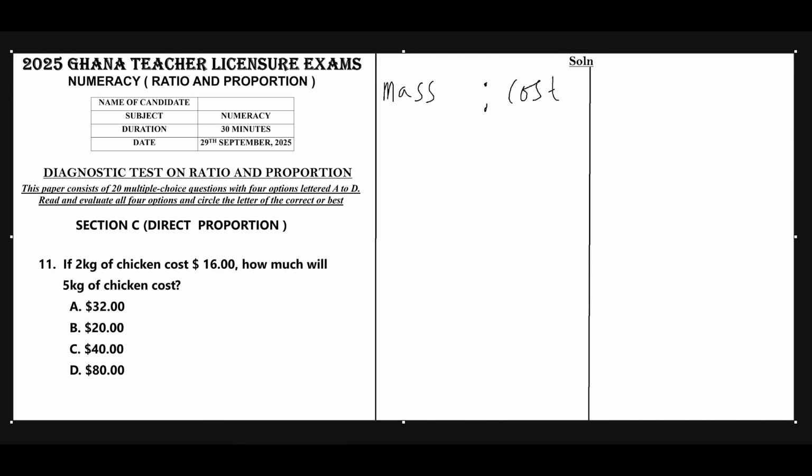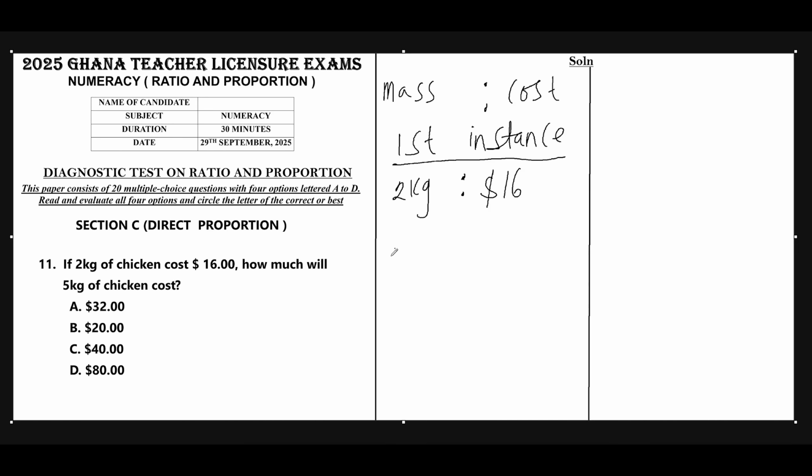So how then do you solve questions under direct proportion? First, let's identify the two instances. For the first instance, we have 2 kilograms of chicken is to $16.